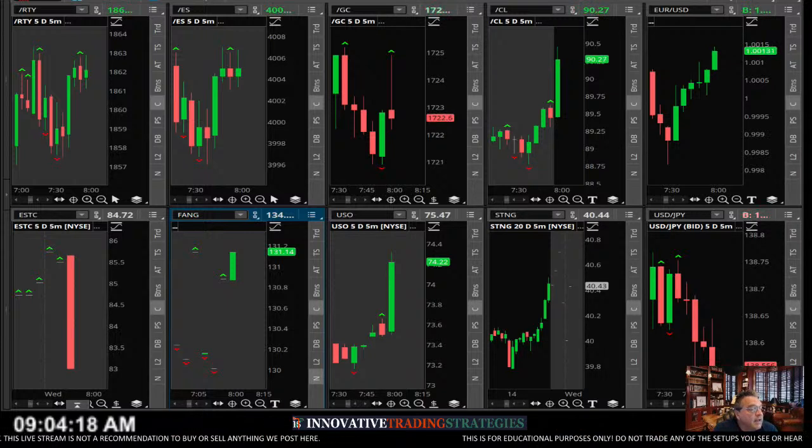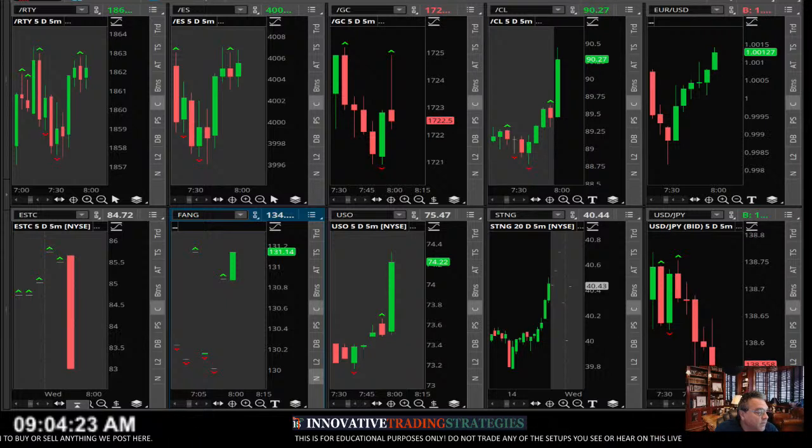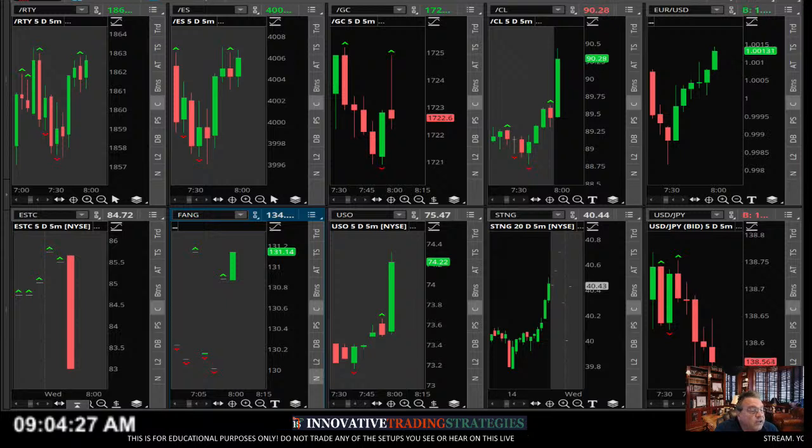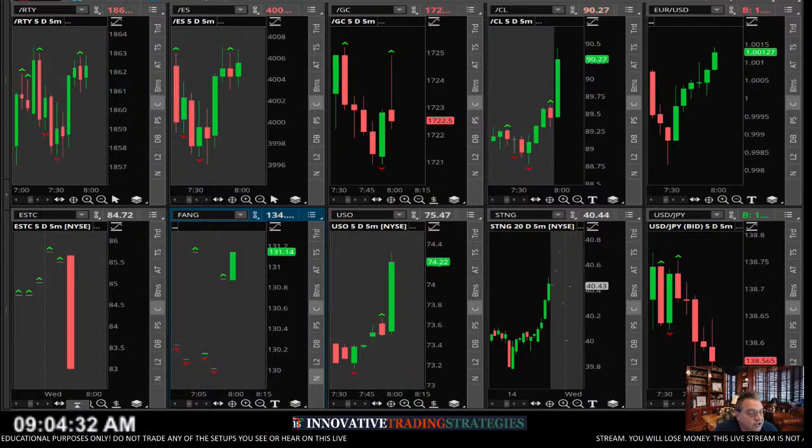That being said, I'm going to do a quick scan and see if we have any initial setups here. I really don't see anything going on. I do see a buy coming up on STNG, so I'm going to watch STNG.